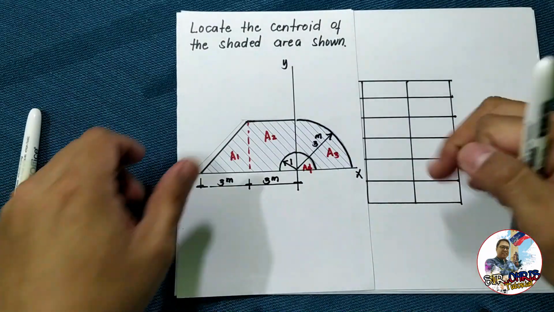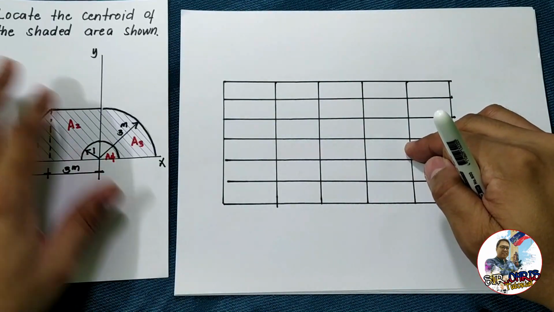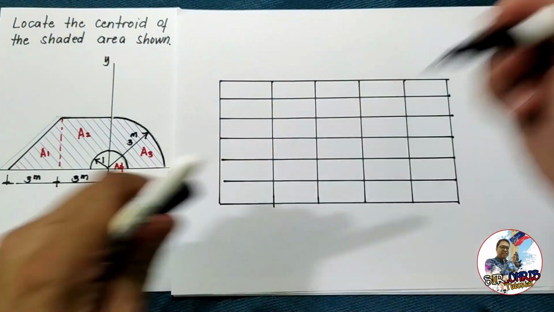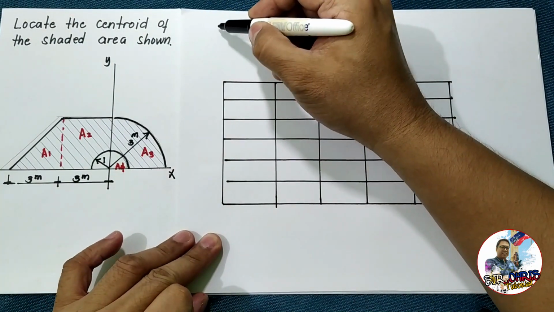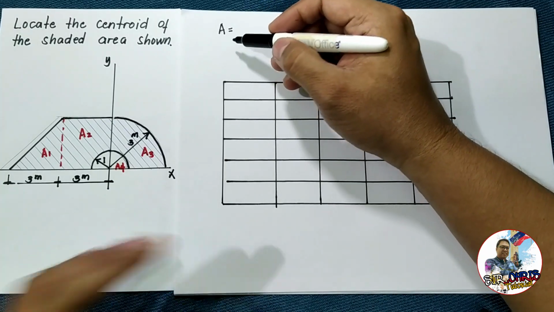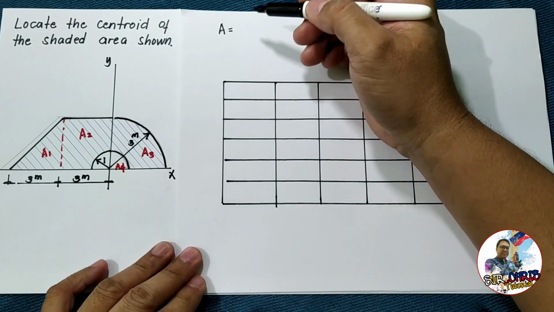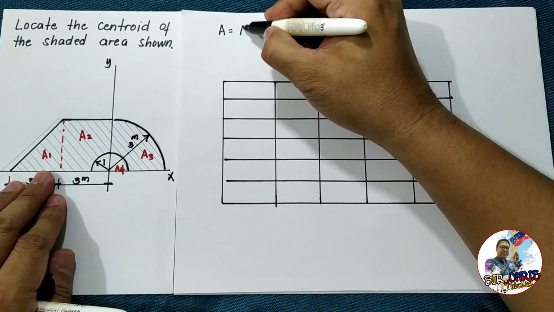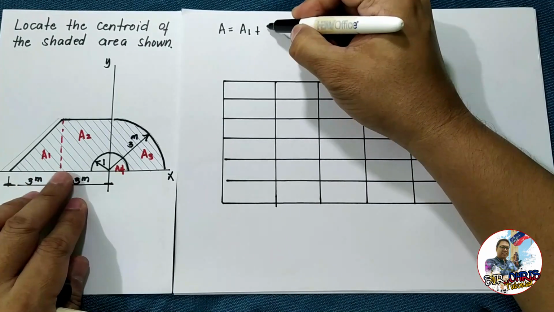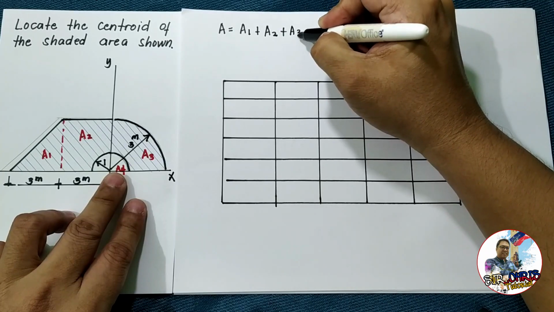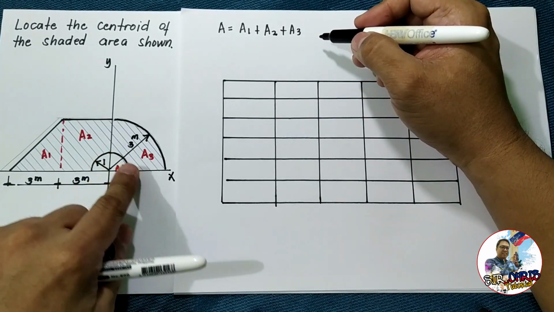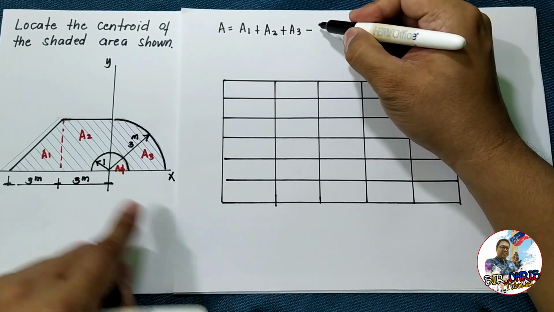Now from this figure, we can get the total shaded area. If we create that equation, we have area 1 plus area 2 plus area 3, and since this is not included, we have to subtract area 4.